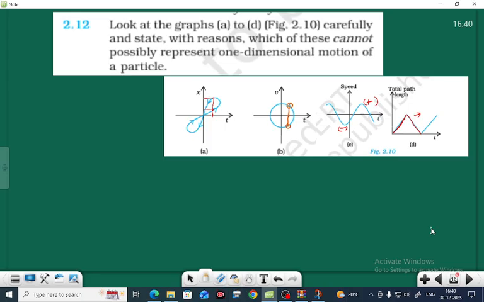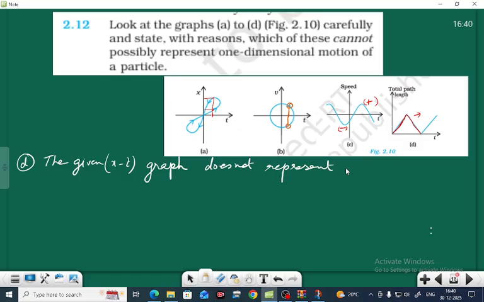For D, the given path length x-t graph does not represent one-dimensional motion of the particle. What is the reason?